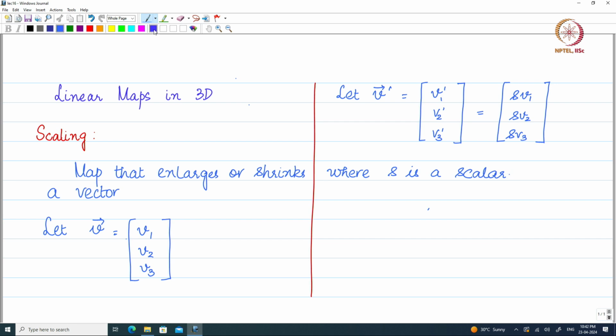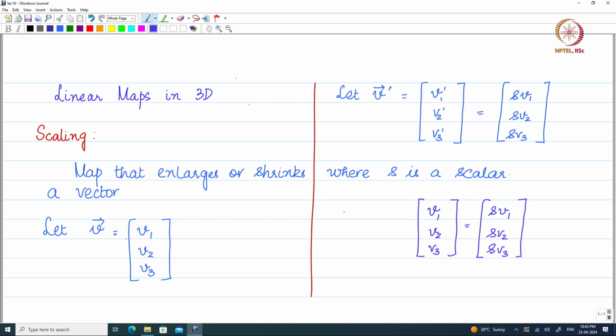So, the question that we ask is what is the matrix which is going to scale a given vector to get the scaled version of the vector V. So, we have V1, V2, V3, and here we are going to get SV1, SV2 and SV3. This is going to give an equal scaling along the E1 direction, E2 direction, E3 direction, where E1 direction is along the vector 1 0 0, E2 direction is along the vector 0 1 0, and E3 is along the vector 0 0 1.